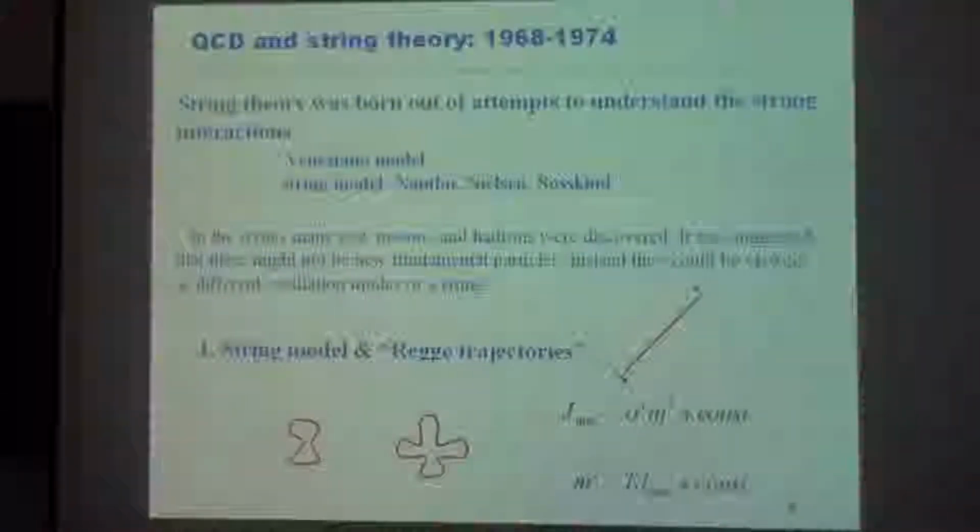String theory, of course you know that, was born out of attempts to understand the strong interaction at the end of the 1960s and the early 1970s. At that time, many meson states and hadrons were observed in the laboratory.